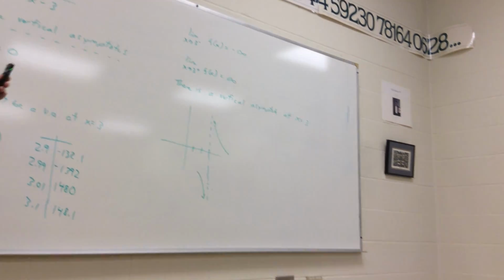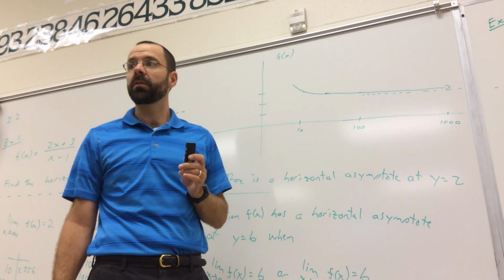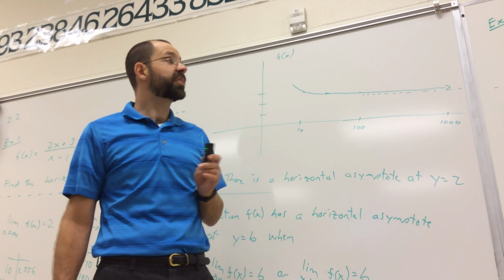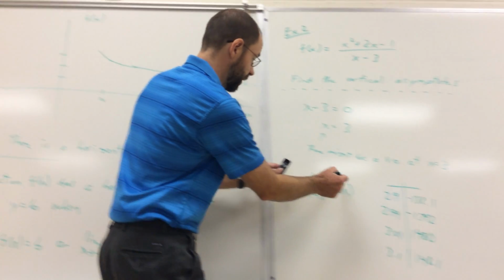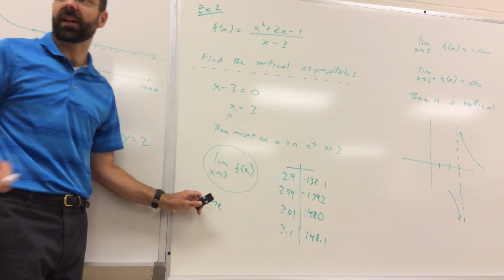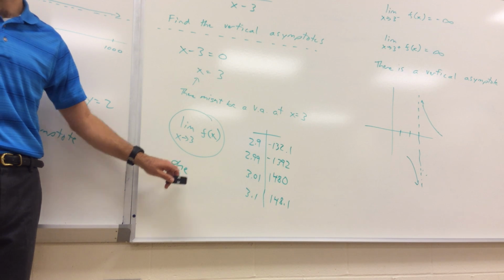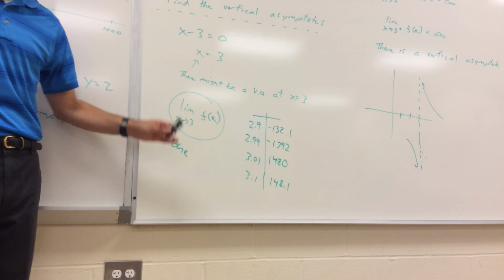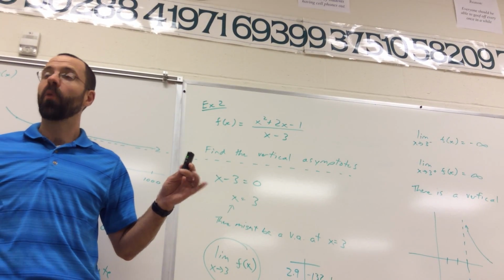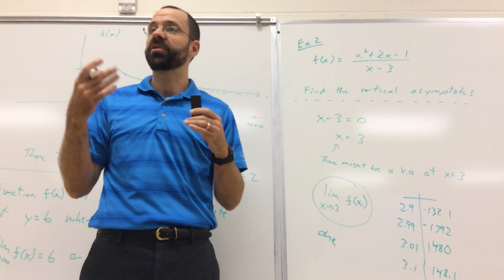Yeah? Since the limit from one side would be smaller and the other bigger, does that mean the limit does not exist? That's true. It is true that this limit here does not exist. That is correct. So if I just ask you for what that limit was, your final answer would be does not exist. But since one side came out to infinity and the other side came out to negative infinity, or if they'd both come out to infinity, or if they'd both come out to negative infinity, it confirms the vertical asymptote.